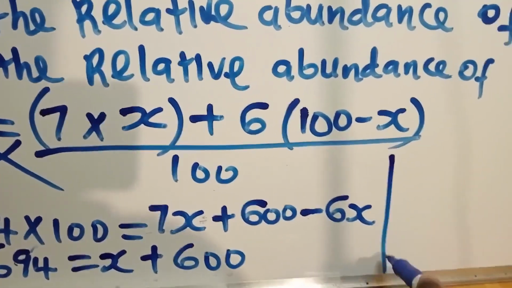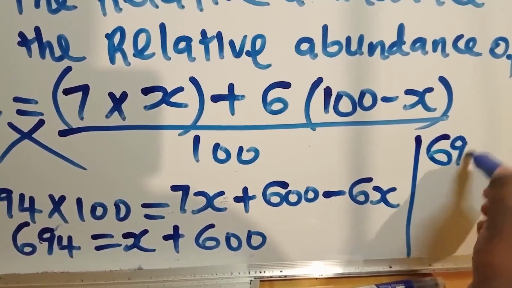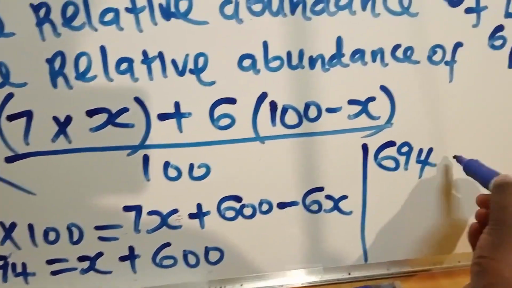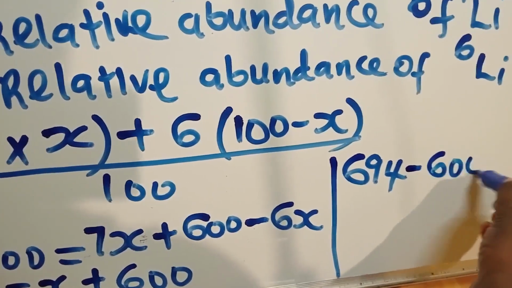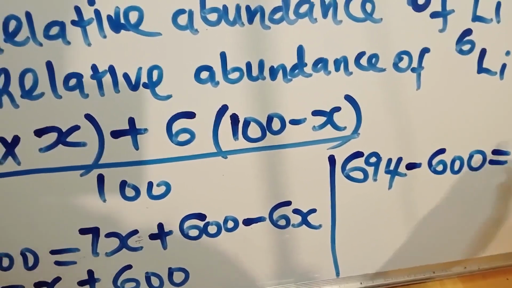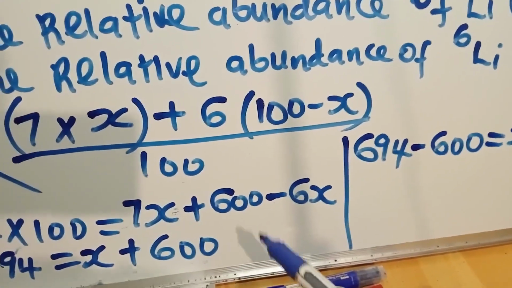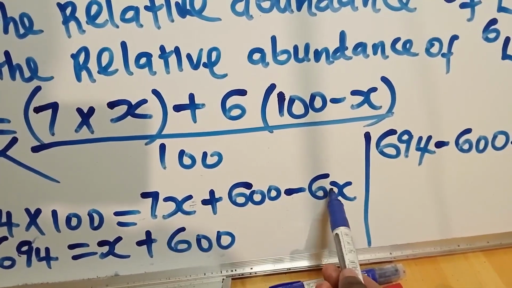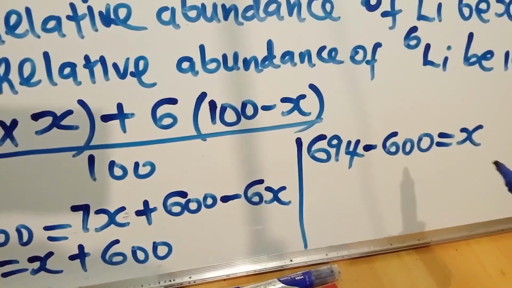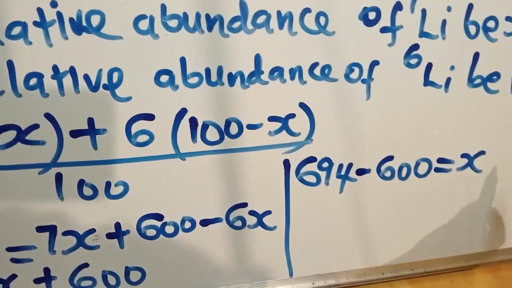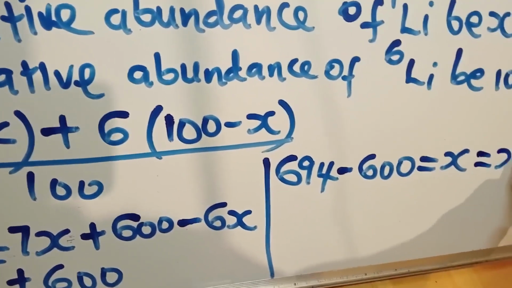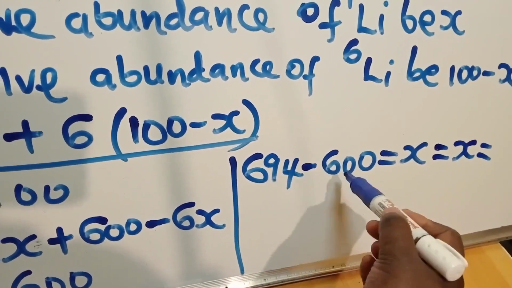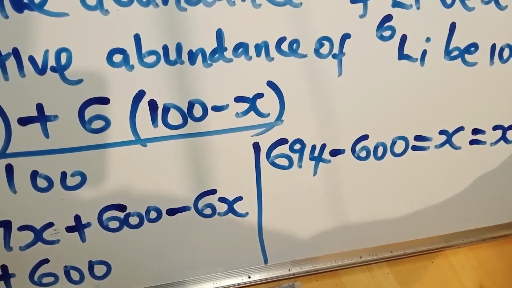So we say 694. This one is already positive, so when it goes to the other side it will be negative. Minus 600 is equals to X, because we had already put the X together. 7X minus 6X was already coming to X. So from there we say that X is equals to 694 minus 600, which is 94.